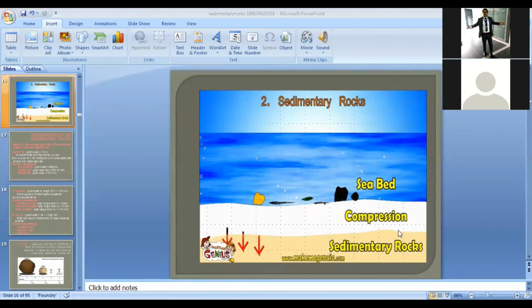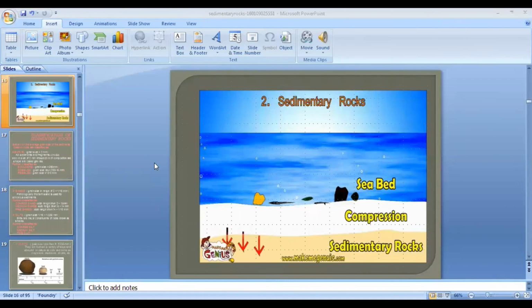So this is how this process continues for thousands and millions of years, and as a result, we have the formation of sedimentary rock. So these are the basic ideas we have about the formation of sedimentary rocks, and this is a little bit of theory behind the rocks you see in the field. So that's all from my side for today, and if you have any questions related to the topic, you can ask.